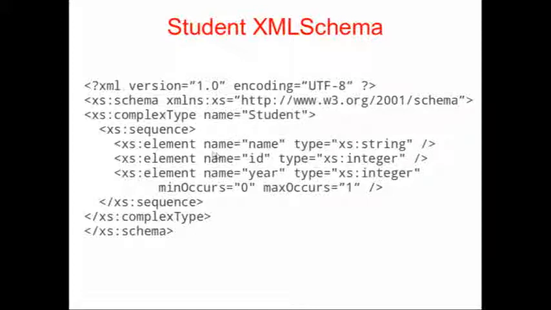We're also going to have an element called ID that's going to be an integer. And then we're going to have an element called year that's a type integer that may occur 0 or 1 times. It's optional. So this is similar to the question mark encoding that we saw in DTD.